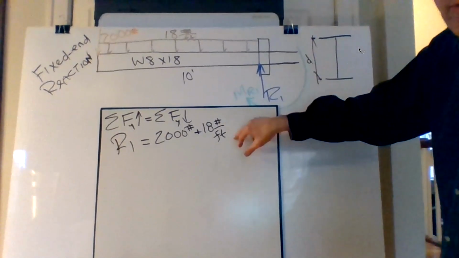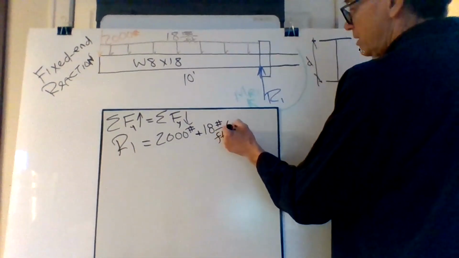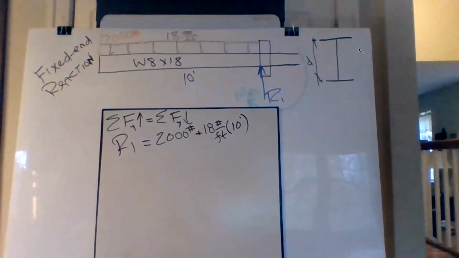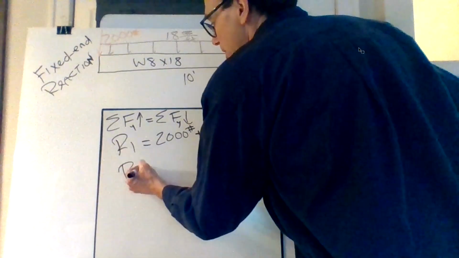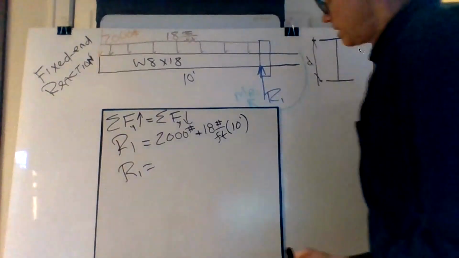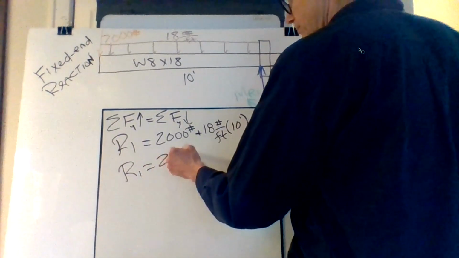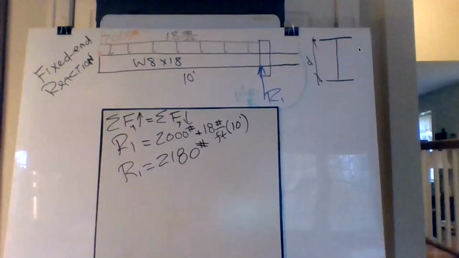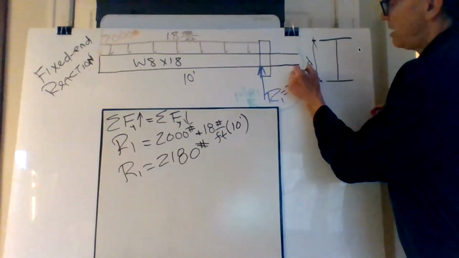So it's 18 pounds per foot times, and what do I have to multiply that by? 10 feet, because that's the span of the W8 by 18. So R1 is equal to 2180, right? So R1 is equal to 2180.